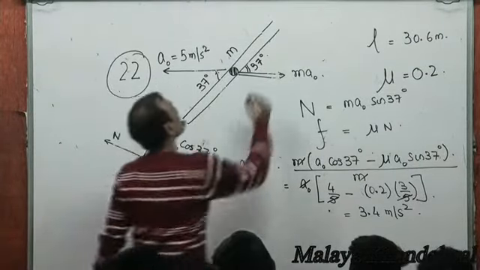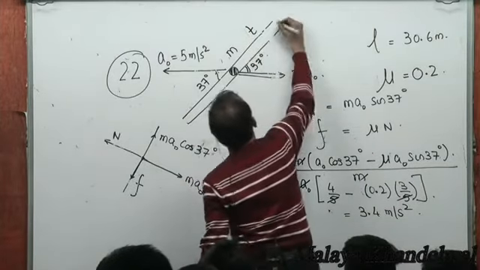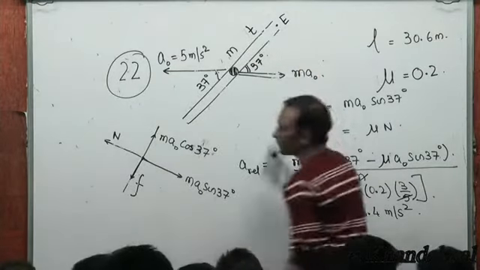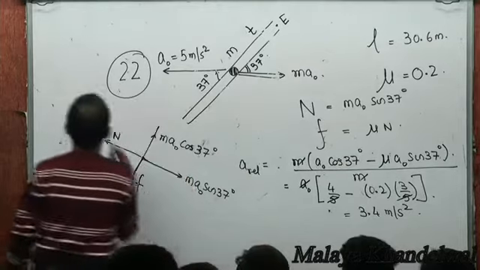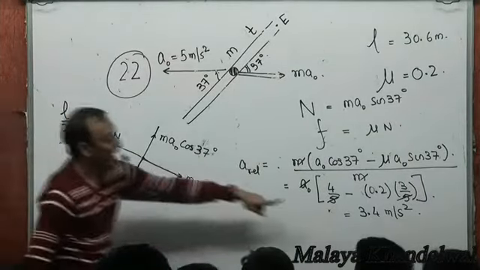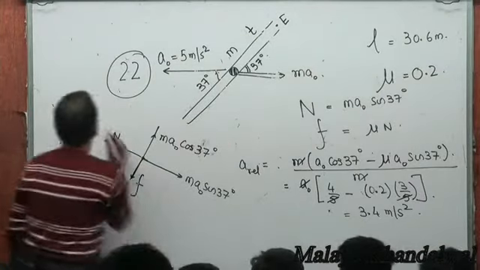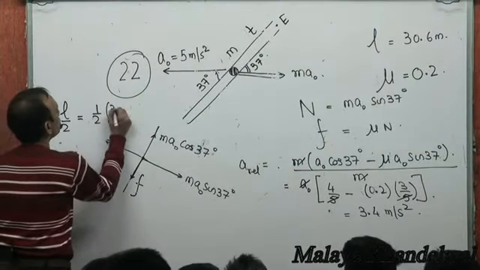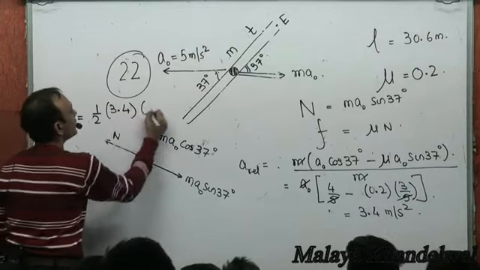Now, if it takes t seconds to go from this point to this end, then can I say the relative distance is L by 2? It must be half of a relative, half of 3.4 into t squared.